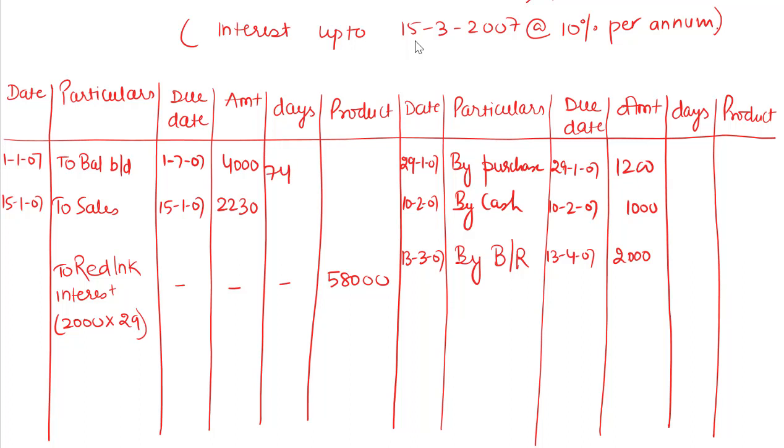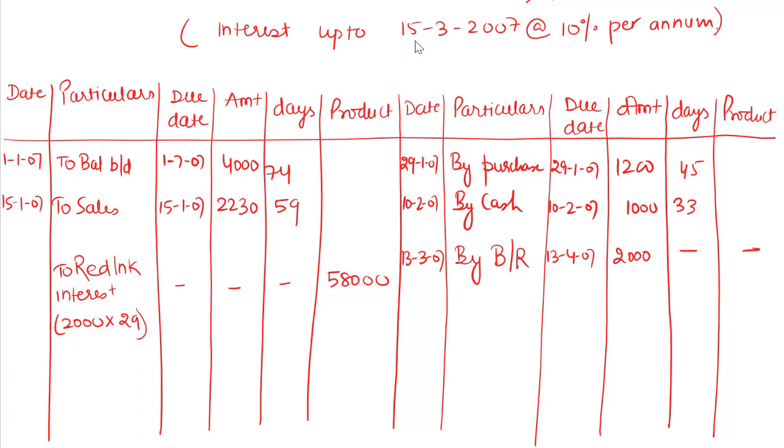Excluding 15th of January, it is 59 days. 29 January, excluding this date to 15th of March, 45 days. 10th February, excluding this date, it is 33 days. Over here, the calculation of days will not happen because we have directly written in the product column the red ink interest on the opposite side in relation to the bills receivable given on the credit side.